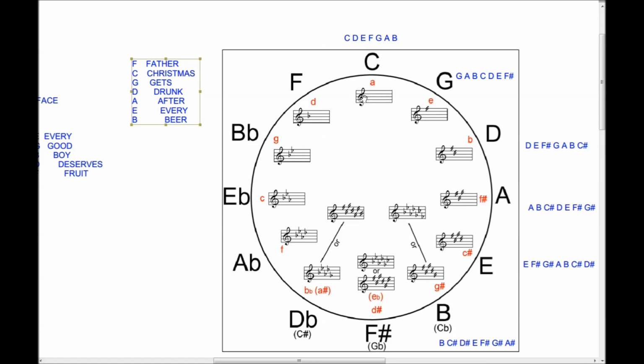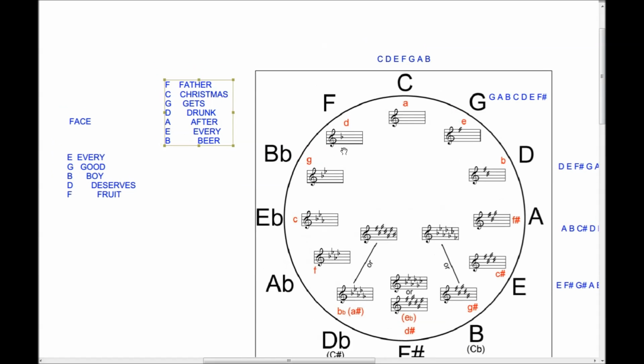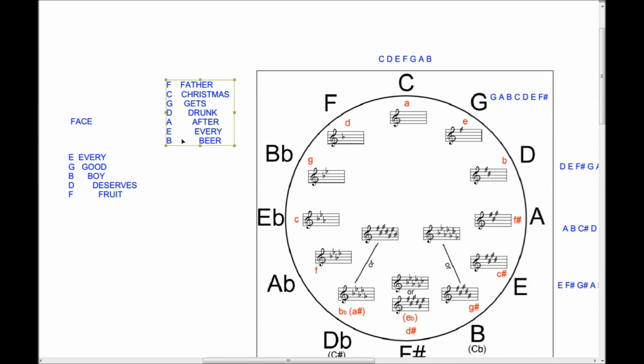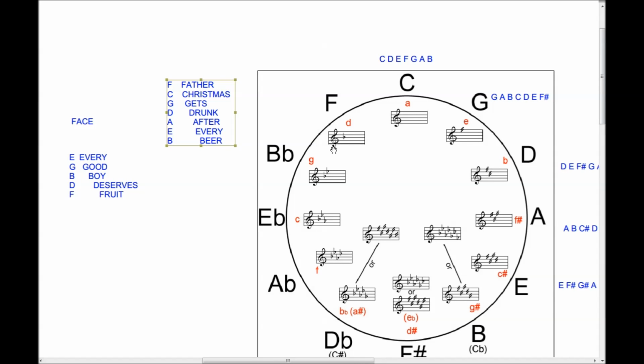So if we look here, we're adding a flat to the F major scale or D minor scale. So the flat, we know from our acronym, every good boy is the B flat, which is also beer from our other acronym. So if we spell out this acronym backwards, that's our order of flats.